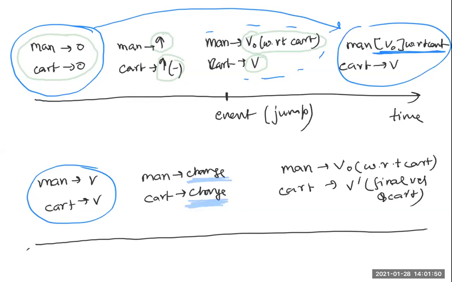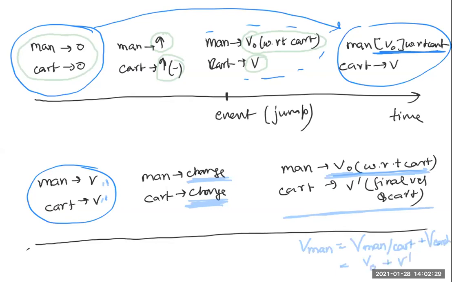जब तक मैन की वेलोसिटी विद रिस्पेक्ट टू द कार्ट v नॉट हुई, क्योंकि अभी तो रिलेटिव वेलोसिटी मैन की 0 है ना विद रिस्पेक्ट टू द कार्ट, तब तक कार्ट की वेलोसिटी v डैश हो चुकी। Therefore, velocity of the man with respect to the ground is equal to velocity of the man with respect to the cart plus velocity of the cart, which comes out to be v naught plus v dash.